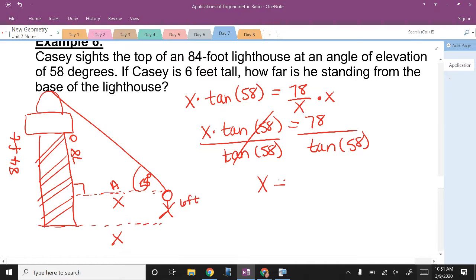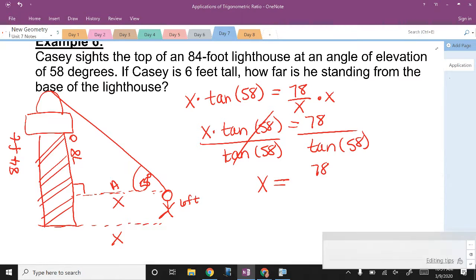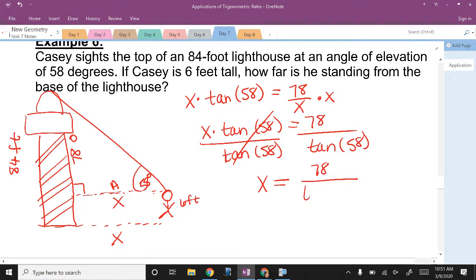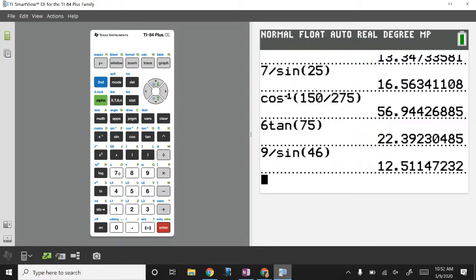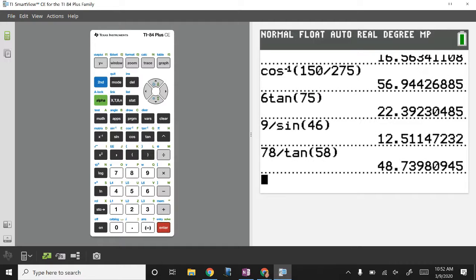So x equals 78 divided by tangent of 58 degrees. This stupid pen today. Go away. And now I got x by myself, so I can use my calculator. 78 divided by tangent of 58 degrees. That's not right.